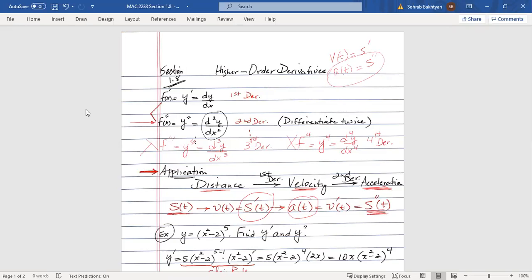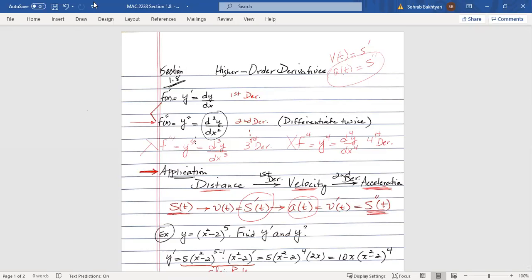All right, so here is our first example. I want us to do this on the whiteboard, okay? We can handle this. Y equals x squared minus 2 to the 5th power. And they're asking me to do the y prime and y double prime. Okay, so let me copy this on the whiteboard.